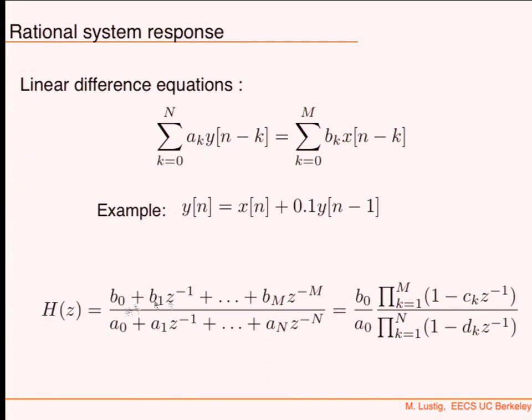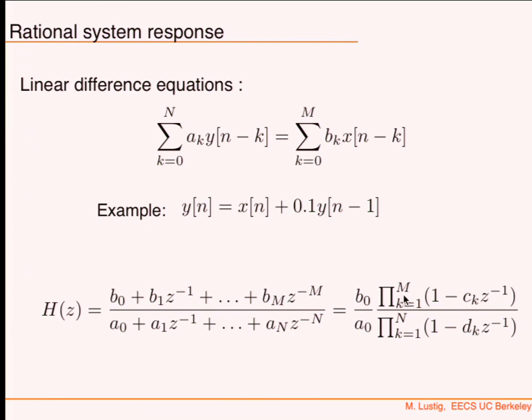And so if you factor that polynomial to its roots, you can write it as a product of all its roots. Okay, both the numerator one and the denominator one. We use c sub k in order to describe zeros of that function. They're called zeros because once z equals this value, then the entire function becomes zero.